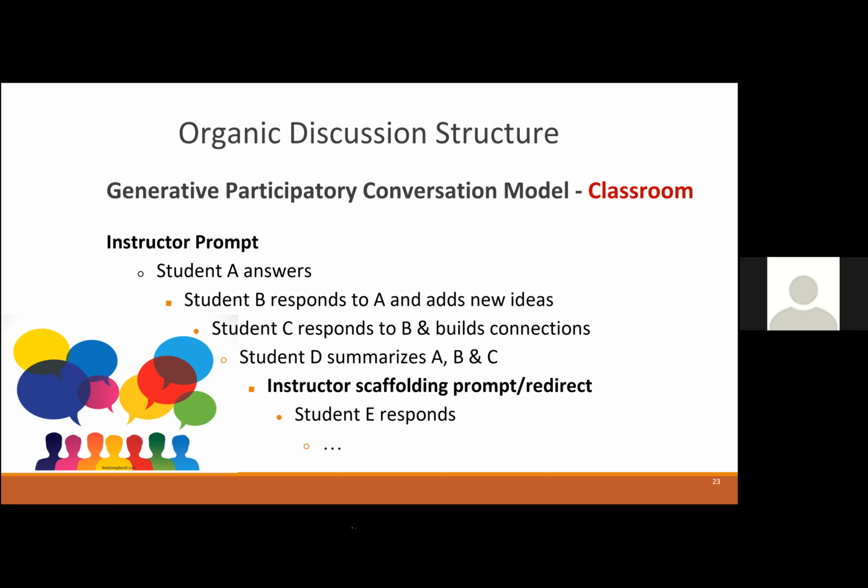And student D, the same thing, they might summarize or disagree. Then at a certain point, the instructor redirects the conversation or asks a scaffolding prompt. That's what happens in the classroom, and we know that really engages students' interest. But that's quite a different structure than typical online. But we can model that online.